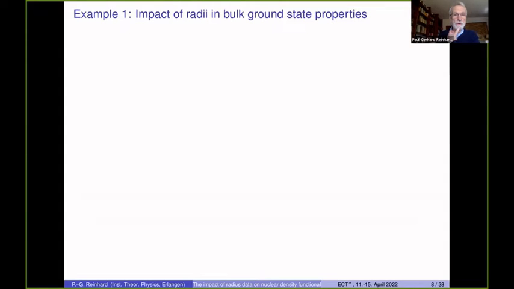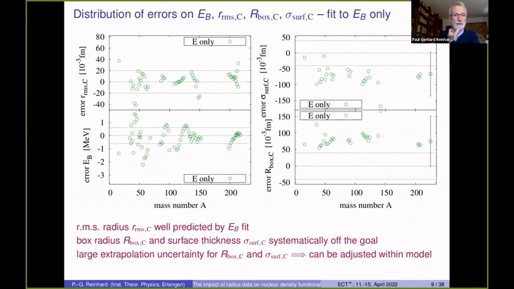First, just the radii on bulk ground state properties. Here, I start with taking only energy data and tune the model, only energy data in the fit, and I look at the radii data as prediction.